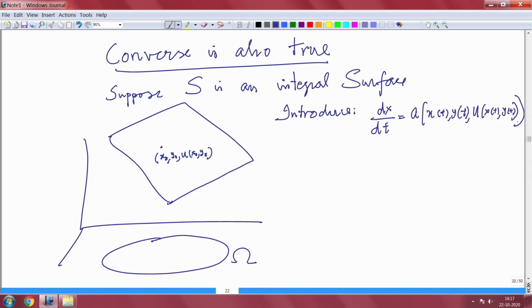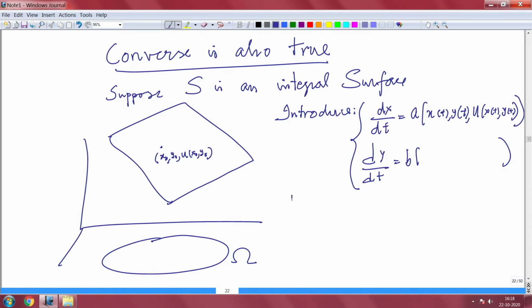Earlier, the situation was that given a surface formed from integral curves, it becomes an integral surface. Here I am saying that the integral surface you start with can be decomposed into integral curves, and dy by dt likewise. Now this is a complete system because the third component is known to you.